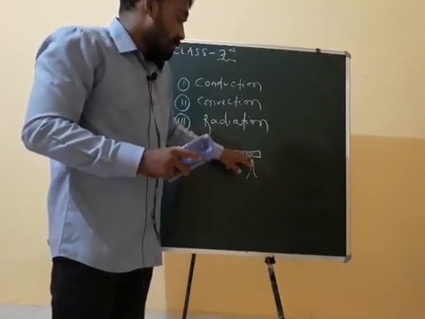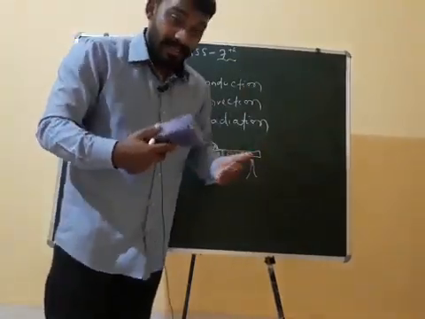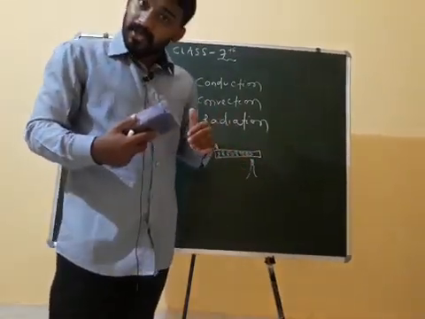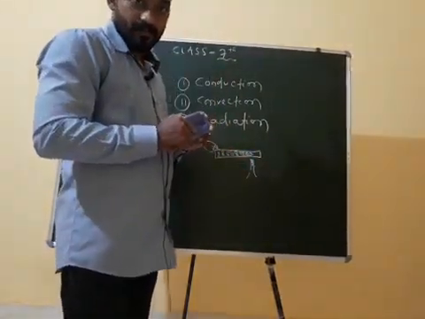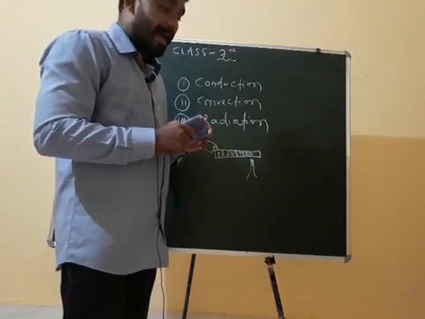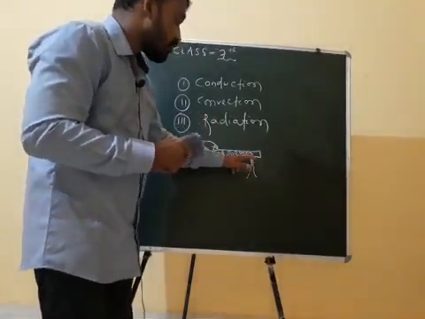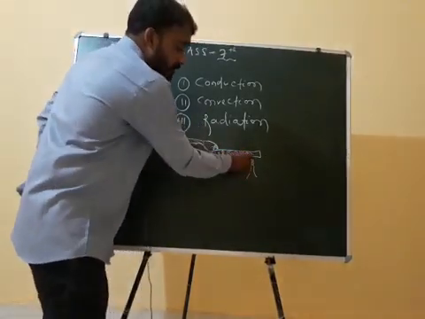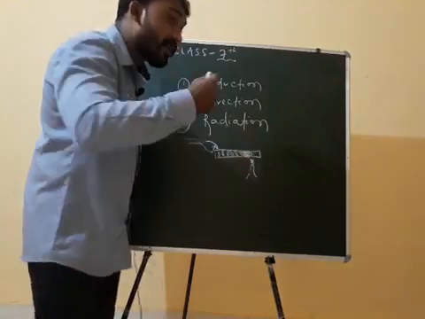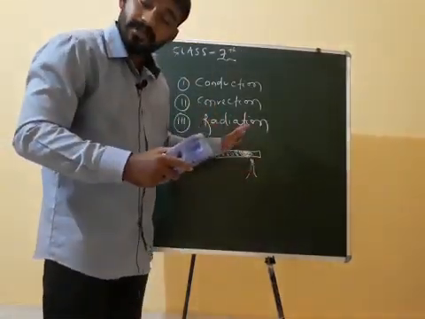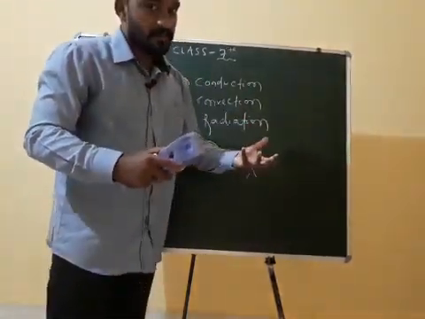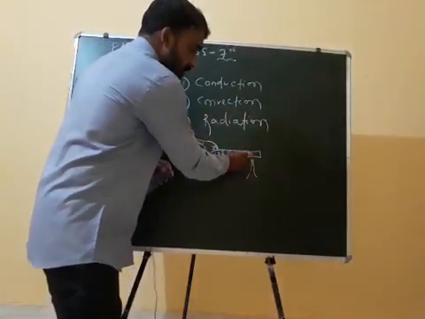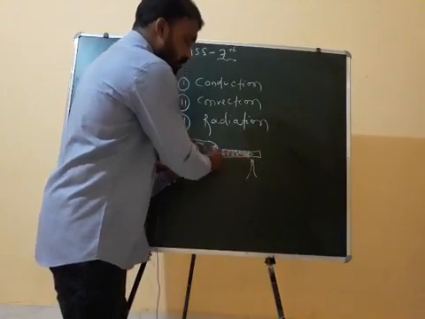They start vibrating and increase their kinetic energy, but they cannot move from one place to another because they are fixed. They only vibrate about their mean positions. When they vibrate, their energy is transferred to other particles. In this way it will travel to the other end.